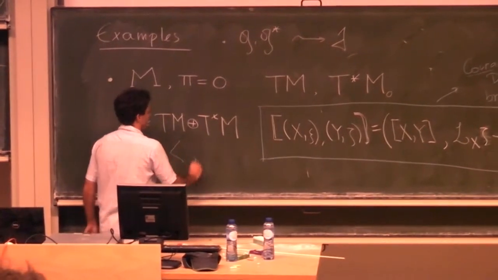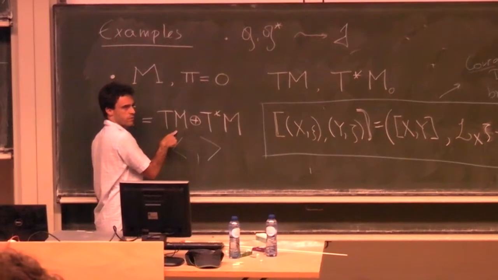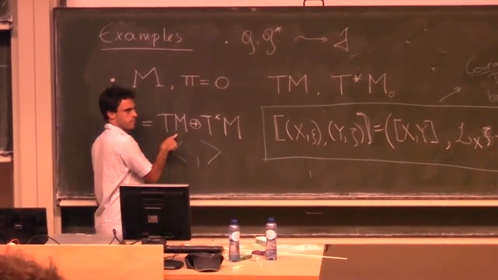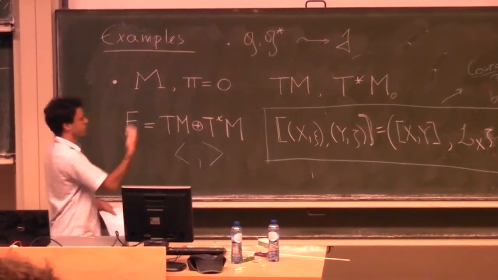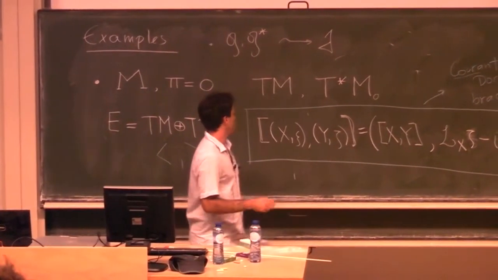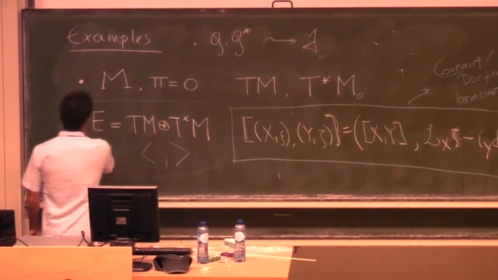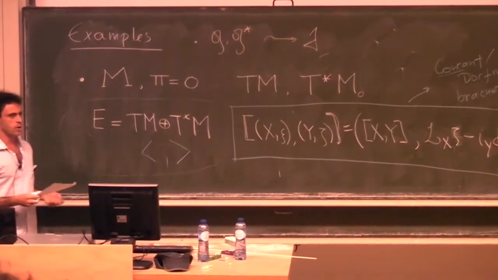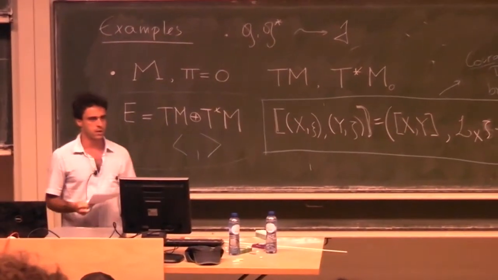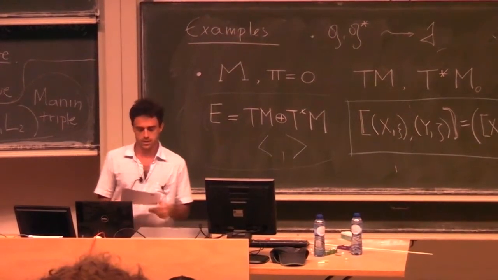So here you have the usual pairing, and this anchor is just the projection onto the first factor. Okay? So this is another double that gives rise to an object that is quite important. This particular Courant algebroid plays a very important role, for example, in generalized complex geometry, that I think there will be talks about next week.